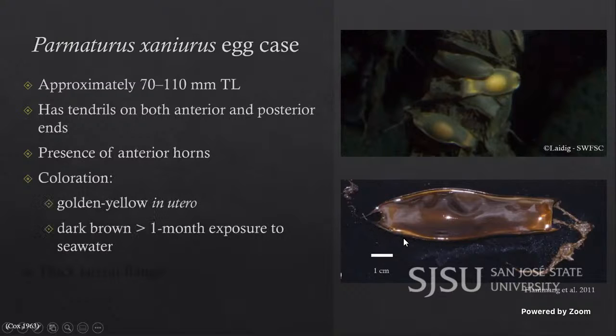In coloration, similarly, they are golden yellow in utero and they turn dark brown after about a month of exposure to seawater. Lastly, they have a thick lateral flange or keel, which is the outside edge of the egg case here. And this photo depicts very well what the egg case would look like after long exposure.